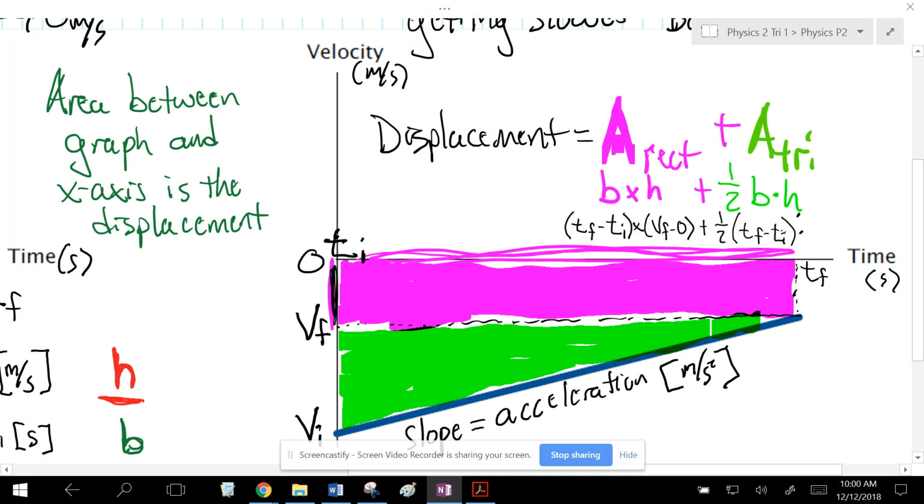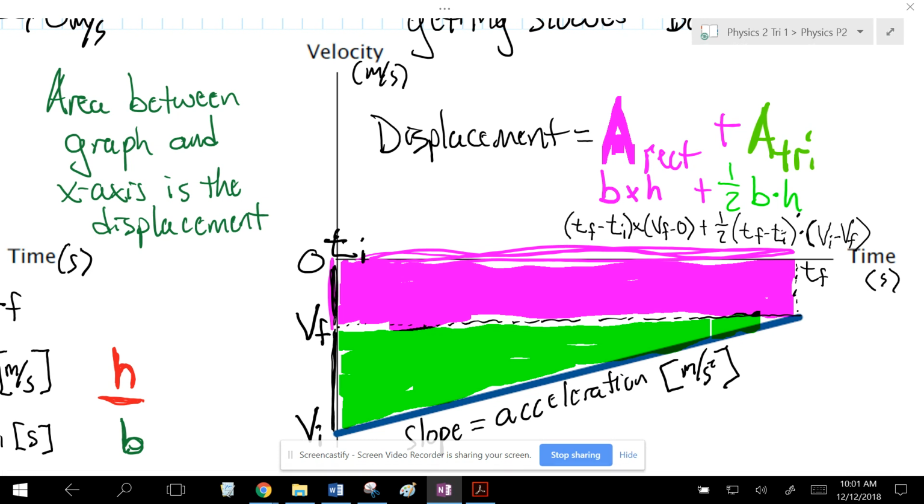And then the height of the triangle only stretches from VI to VF. Okay, so that's how I'm finding those two areas so I can get this thing sorted out.